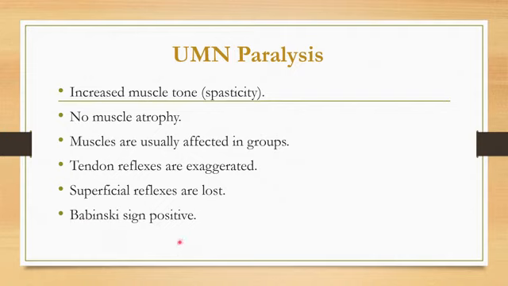Normally, a flexor response is seen when we elicit a plantar reflex. But Babinski sign positive means the flexor response is not seen, and there will be an extensor plantar response.